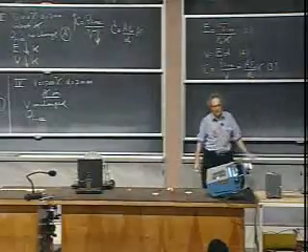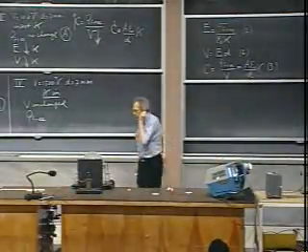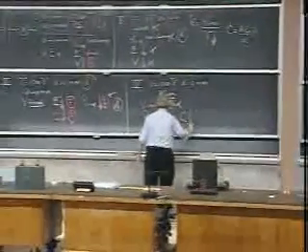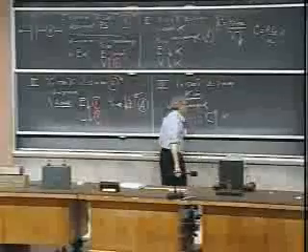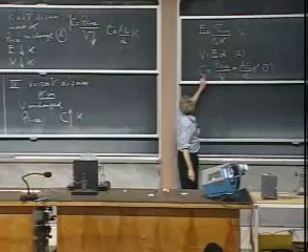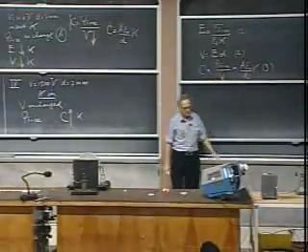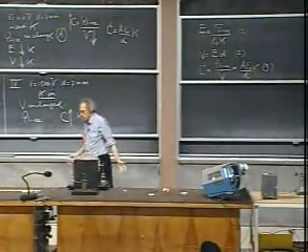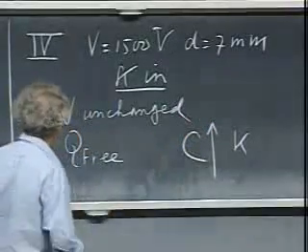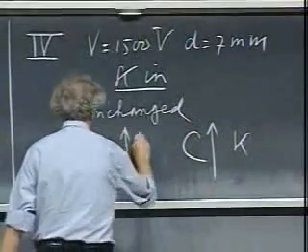When I put in the dielectric, I know that the capacitance goes up by a factor of kappa. If C goes up by a factor of kappa, and if V is not changing, then Q free must go up by a factor of kappa. Follows immediately from equation 3. So this must go up by a factor of kappa.